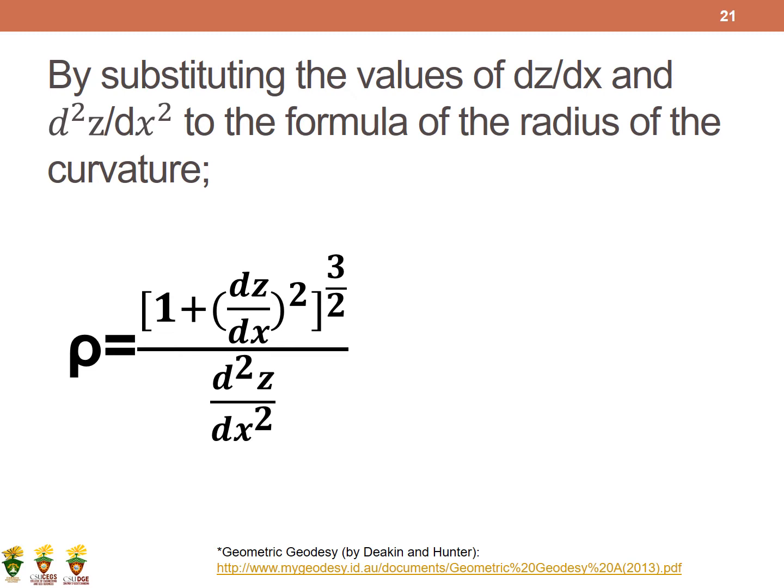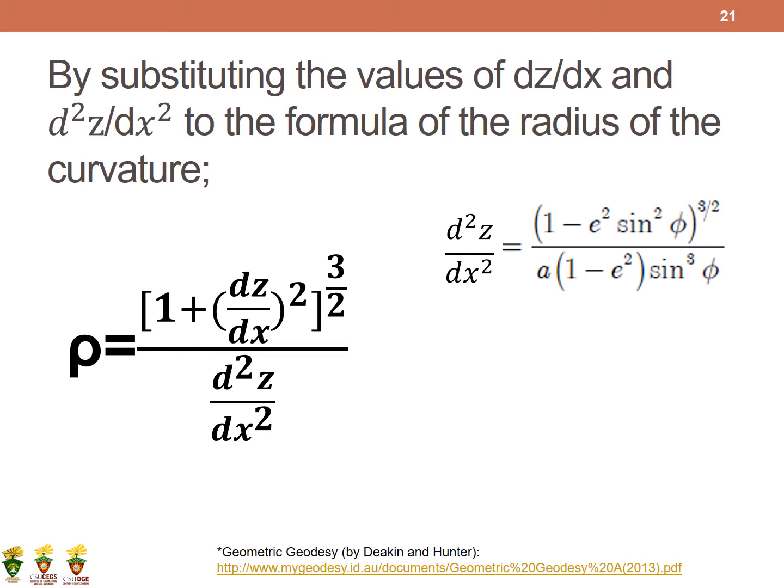And we're going to substitute the values that we have from a while ago, which is dz over dx. What we got is negative cosine over sine theta. And d squared z over dx squared is the value we just derived.